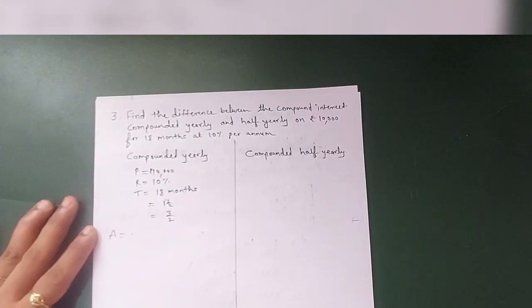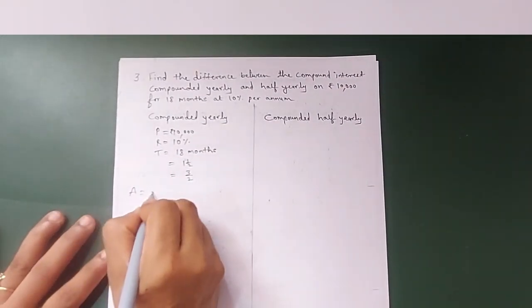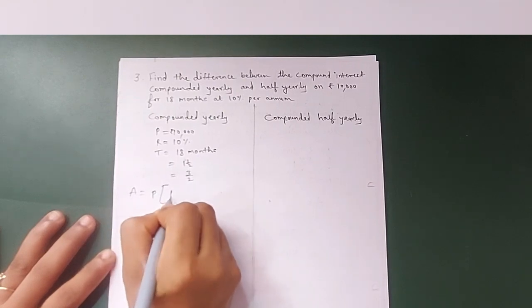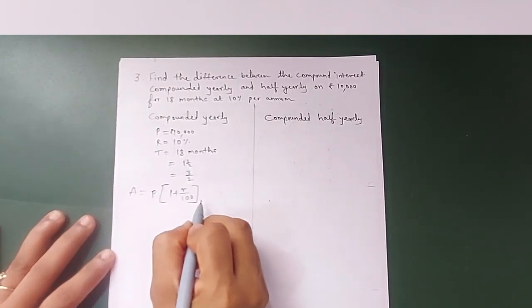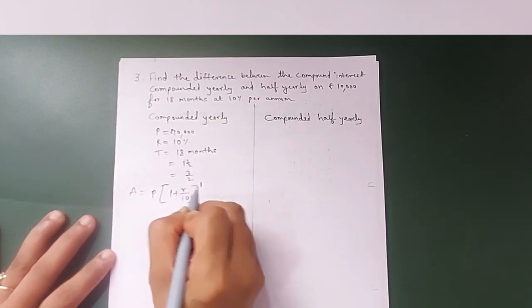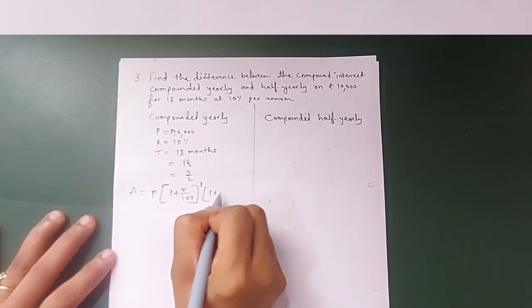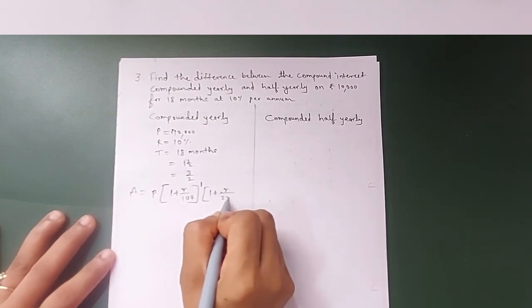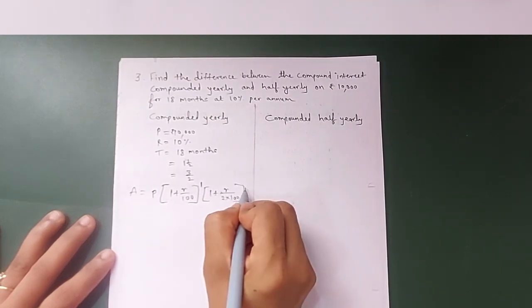A is equal to P 1 plus R upon 100. Why only R upon 100 is there? 1 plus R upon 100 is there because this is for the whole 1 year we are finding out. And then for half year, what we will do? 1 plus R upon 2 into 100, and whole raised to, here what will come? 1 only will come.